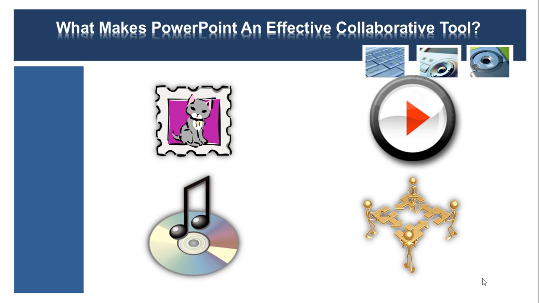And probably this is a shortcoming or limitation of the readings, whereby a lot of what they discussed is about the features of PowerPoint, but they didn't necessarily focus on collaboration. So I figured I'd go and look at the definition of collaboration.